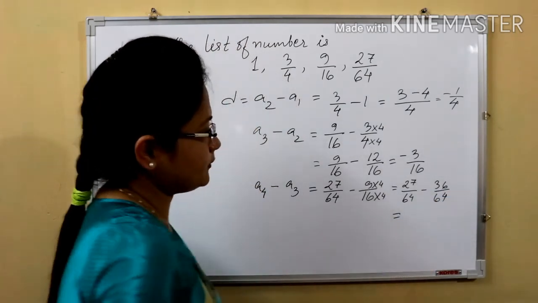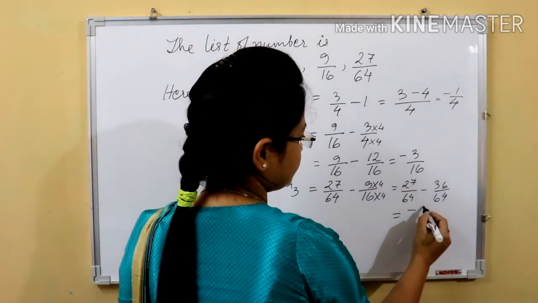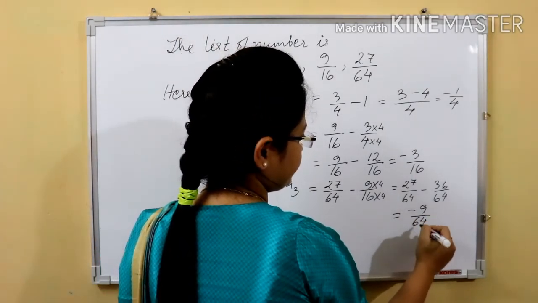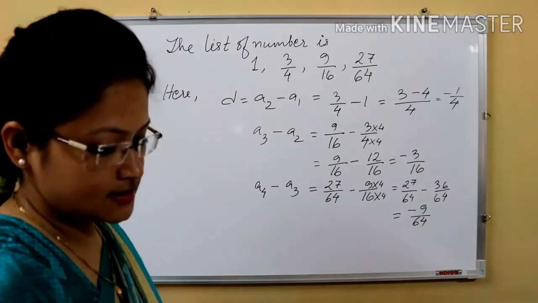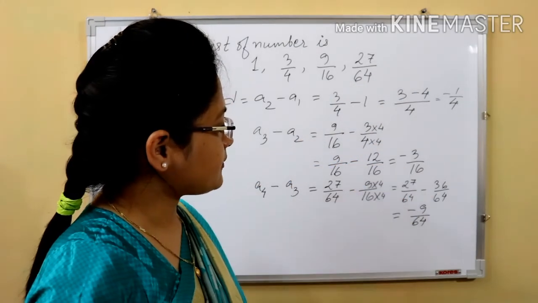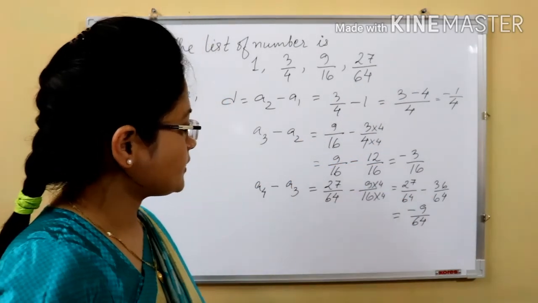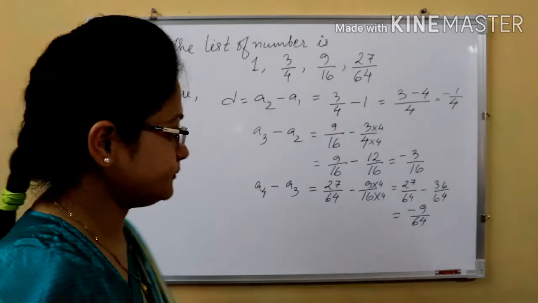By subtracting we get minus 9 by 64. So what we can see is that the common differences are minus 1 by 4, minus 3 by 16 and minus 9 by 64. So the common difference is not constant.